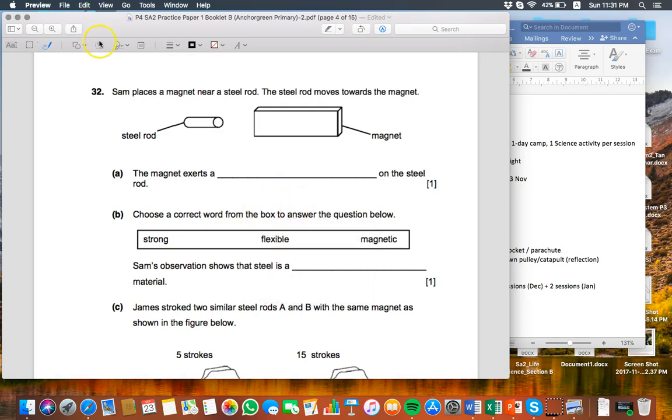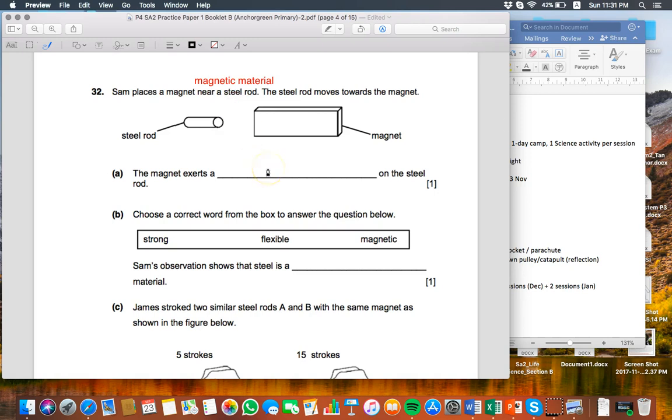Give me a while, I'm trying to figure it out. Yes, I found it. So I'm going to move the text up. So please write down, steel is a magnetic material.